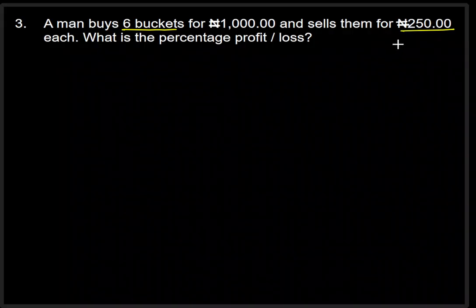So what we are looking at from the question is that we are given the cost price of 6 buckets, and then we are given the selling price of 1 bucket. Let me put that down so that we can have a better understanding.